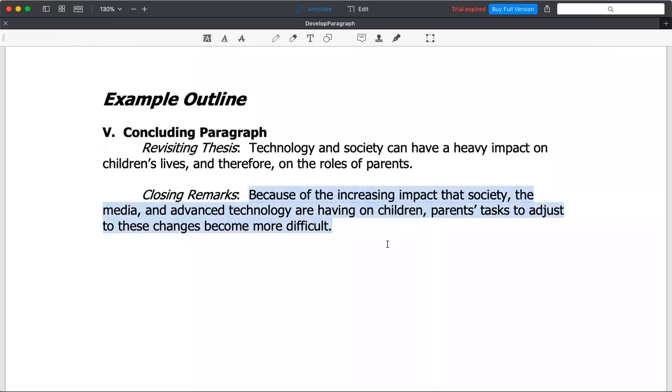You can say, because of the increasing impact that society, media, and advanced technology are having on children, parents' tasks to adjust to these changes become more difficult. No new idea. You rephrase your thesis statement and you end your essay perfectly well.